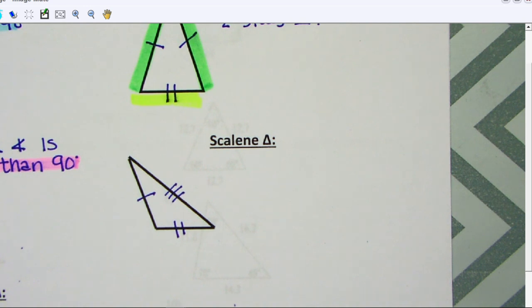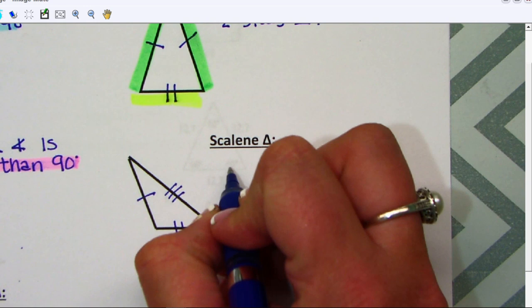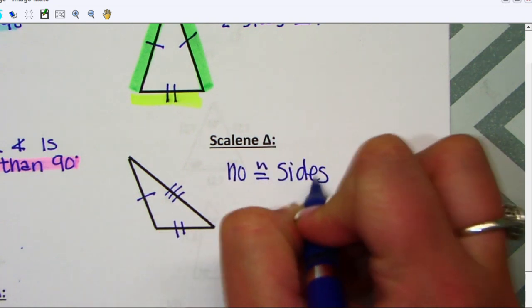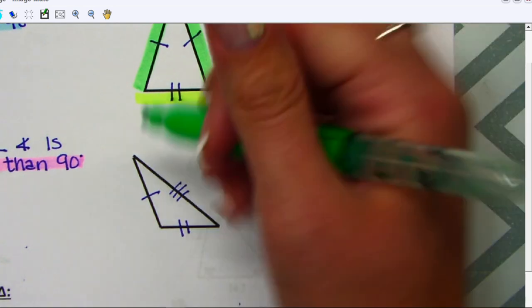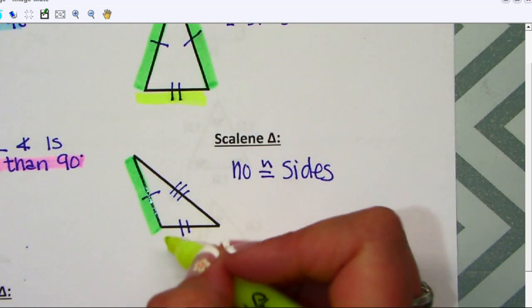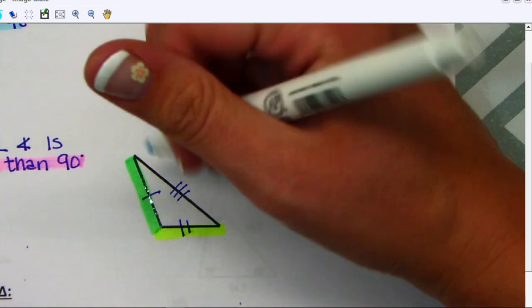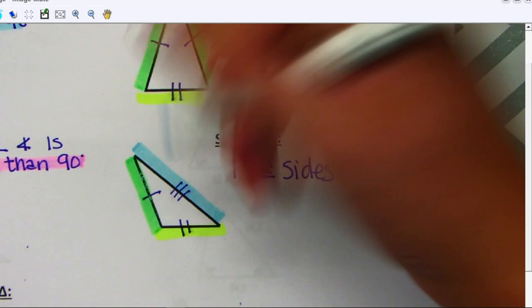Okay, so scalene is no congruent sides, meaning all of these side lengths are different. This one's different from this one, and we're using different colors to symbolize different measures. Kind of make it a little more visual for you.